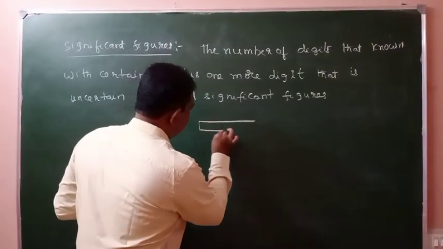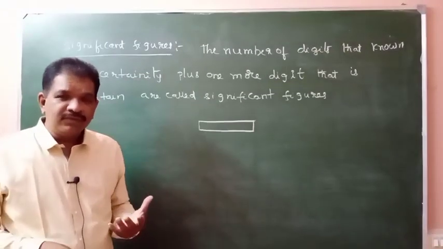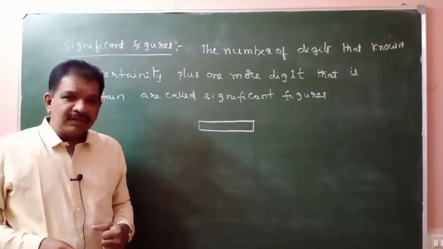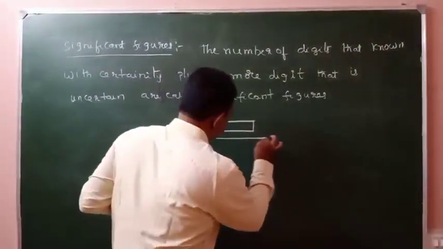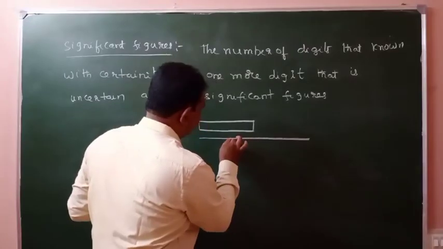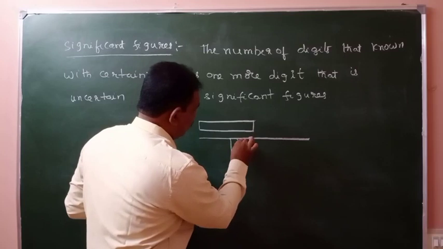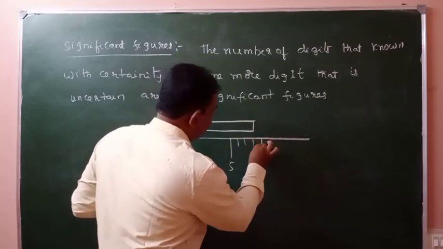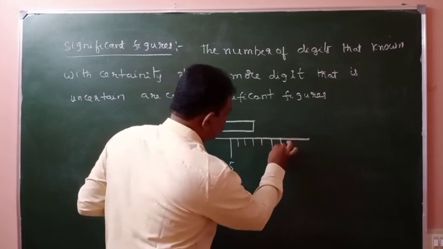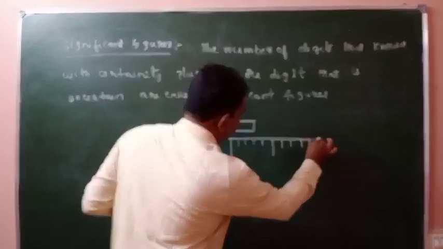We are measuring the length of this rod using a scale. That scale is like this. Here some 5 is there, here 5.1, 5.2, 5.3, 5.4, 5.5, 6, 7, 8, 9.